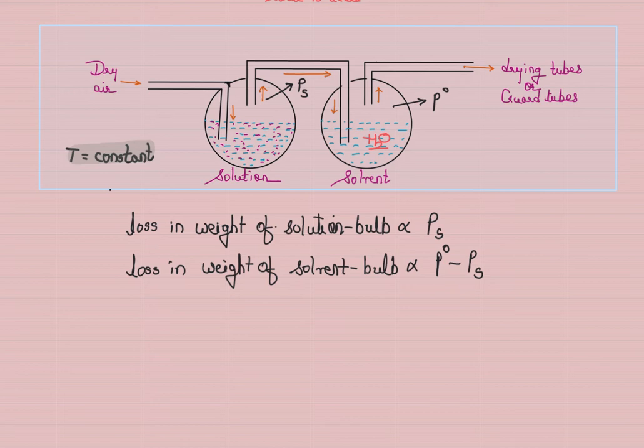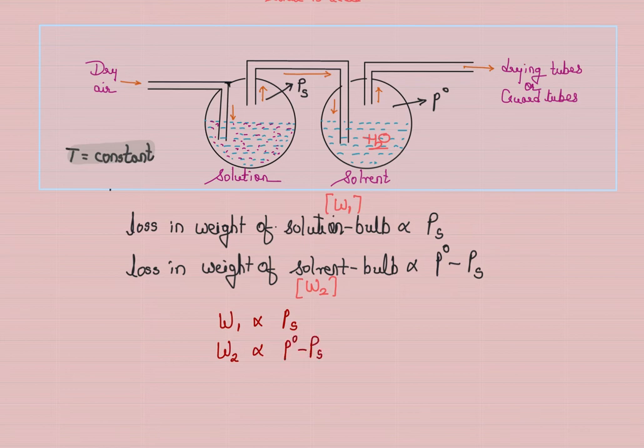And therefore, now we can go forward with this. I can put W1 for loss in weight of solution bulb and W2 for loss in weight of solvent bulb, right? Therefore, now I can write W1 proportional to PS and W2 proportional to PO minus PS.